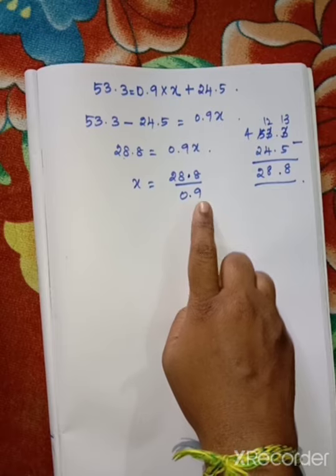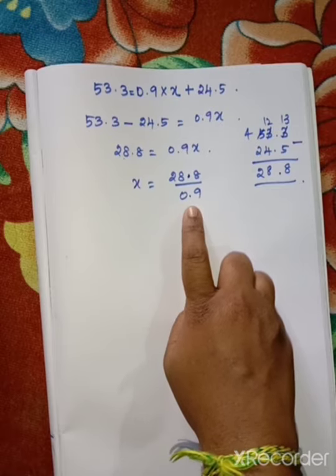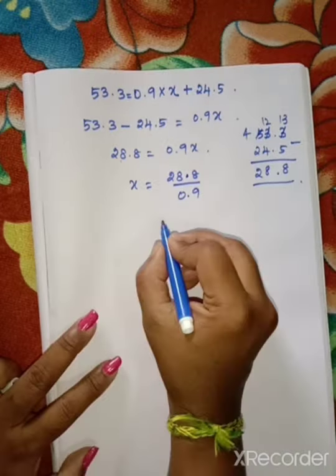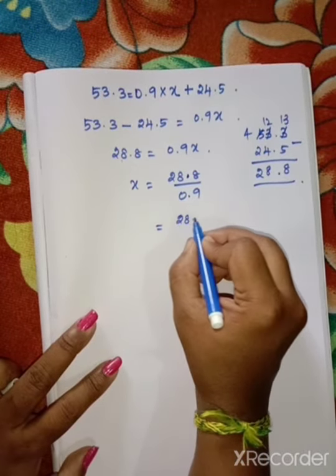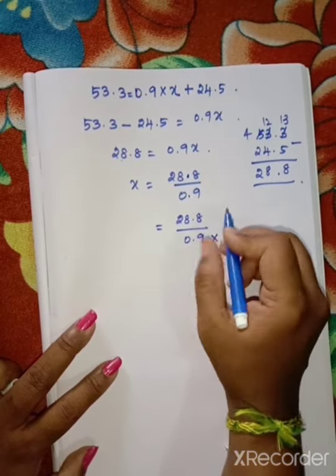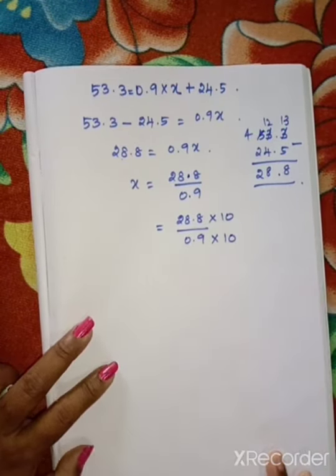Here we have one number after the decimal point, so just multiply with 10. If you have two numbers after the decimal, you multiply with 100. So 28.8 over 0.9. If you multiply the denominator, you have to multiply the numerator also.